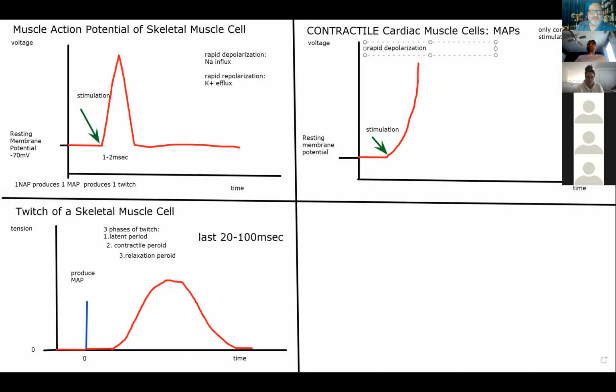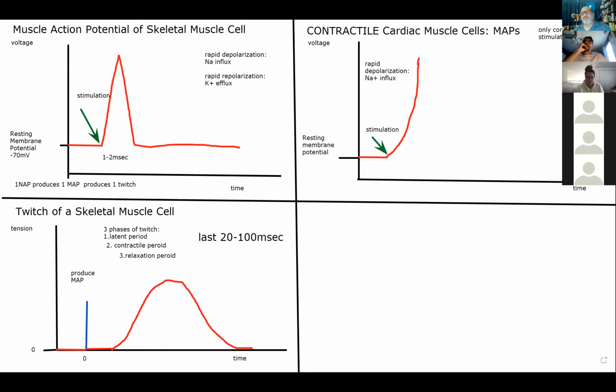And what do you think causes that rapid depolarization? Influx of sodium. Yeah, once again, it is a sodium influx. A massive amount of sodium enters into the cell, and we get that rapid depolarization, just like we saw in our skeletal muscle.